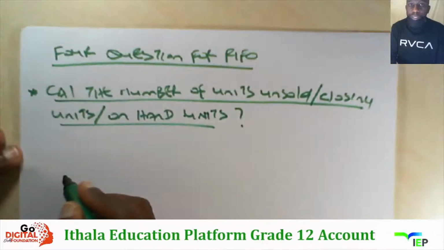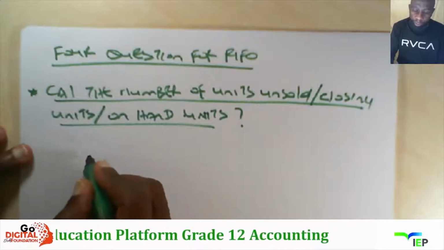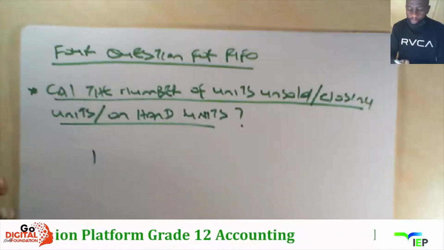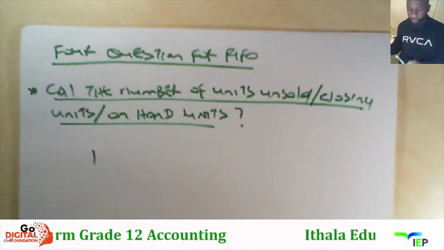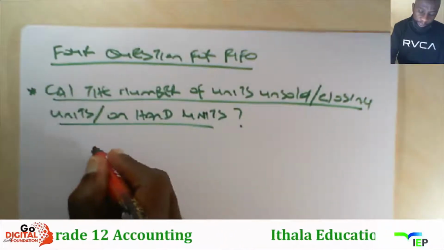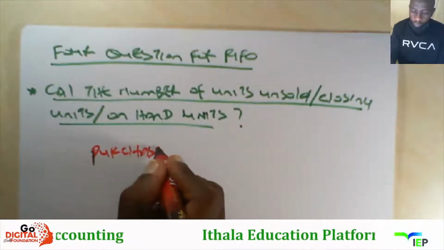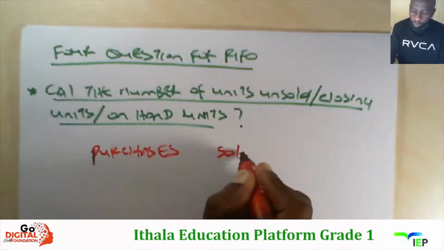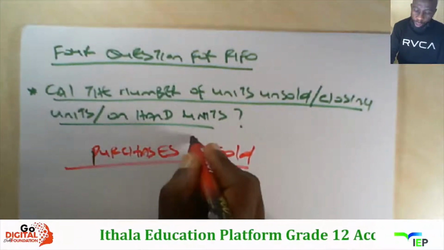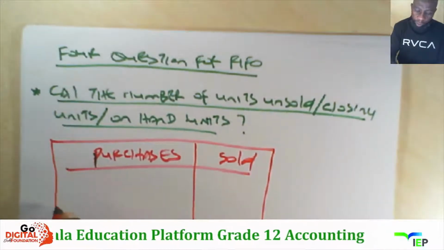How do we answer this question? Very simple. We take the purchases as well as the sold.